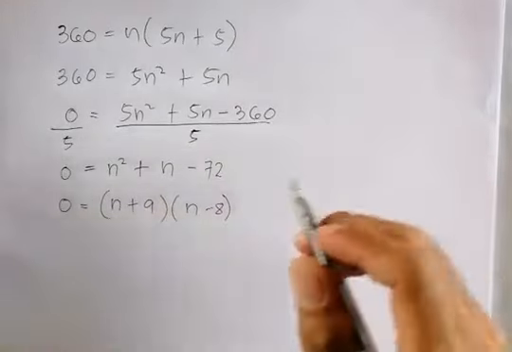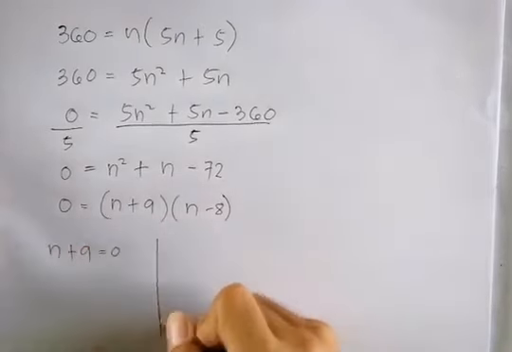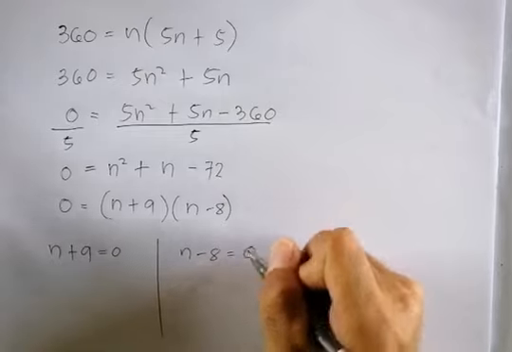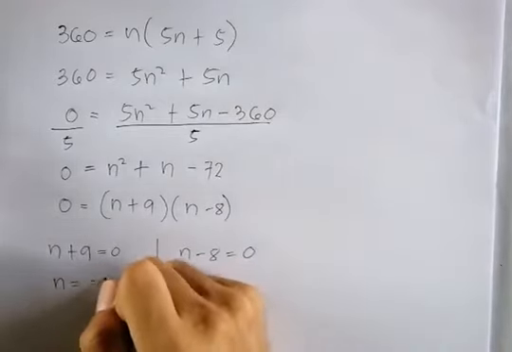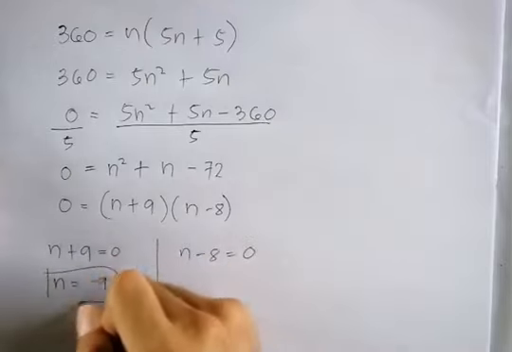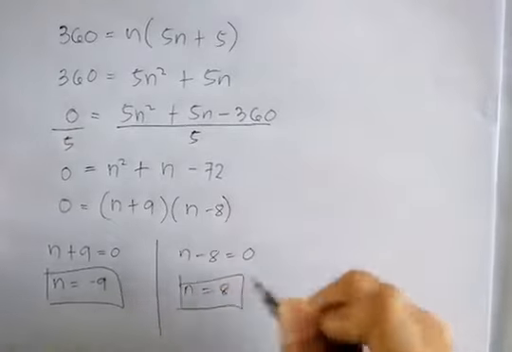Then solve for n. So we have n sub 1 and n sub 2. So n is equal to negative 9. Then the second one is n is equal to positive 8.